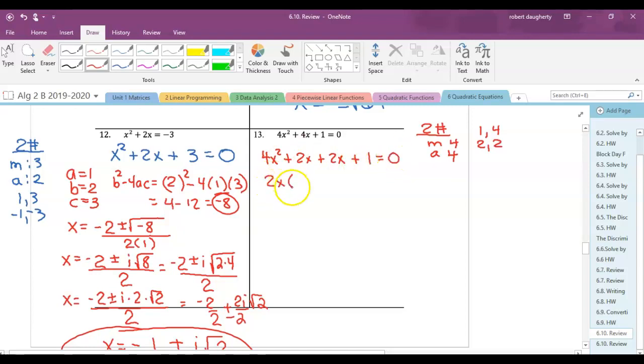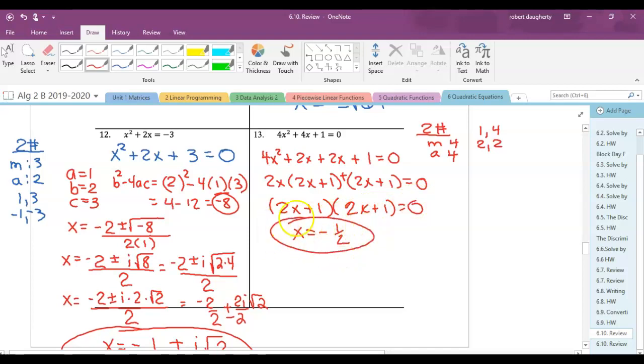Factor out a 2x: 2x(2x plus 1) plus 2x plus 1 equals 0. So this is (2x plus 1) times (2x plus 1) equals 0. Set those equal to 0, and you get x equals minus 1 half.